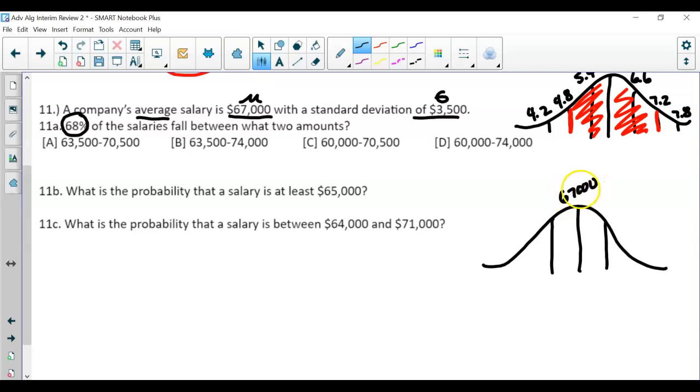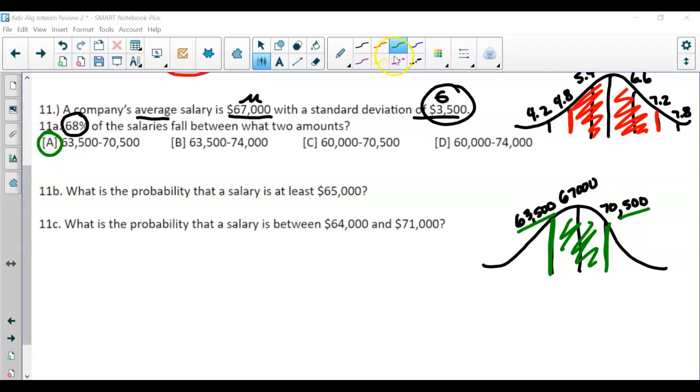So when I add the one standard deviation to 67,000, we're now at 70,500. Then if we were to subtract the 3,500, now we're at 63,500. So again, one standard deviation above and below. So that's why here the answer is A.